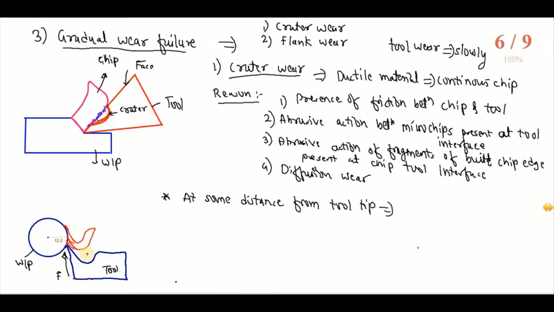Whenever the tool acts on the layer of workpiece material, the chip lifts upwards, but because of its self weight, it falls down along the rake face of the tool.